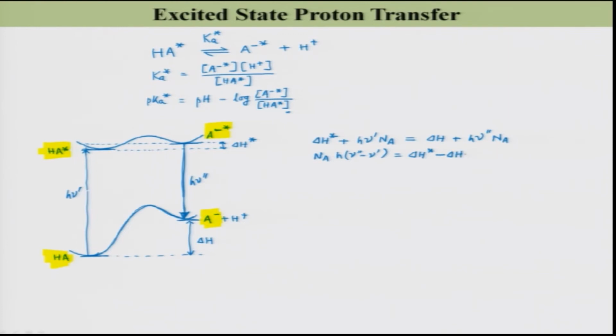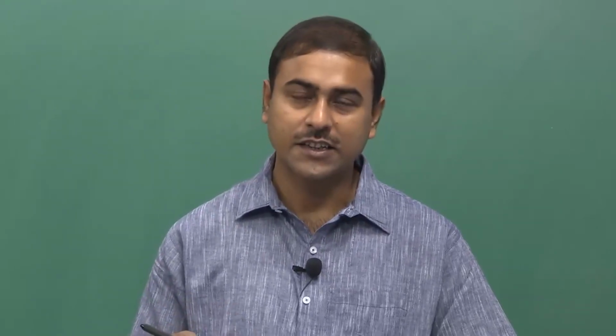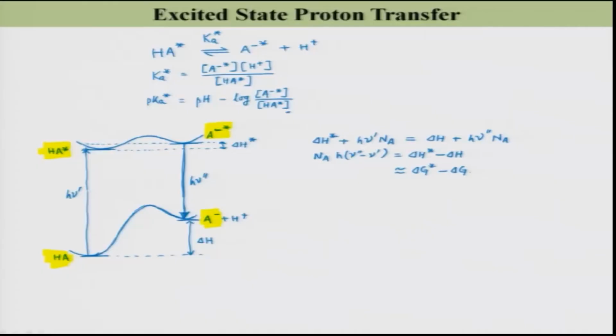Now, this delta H can be written as delta G if I consider the change in entropy in both the cases are the same, right. So, this can be written as delta G star minus delta G, under the assumption that delta S star is equal to delta S for ionization, and this is a valid assumption, right.